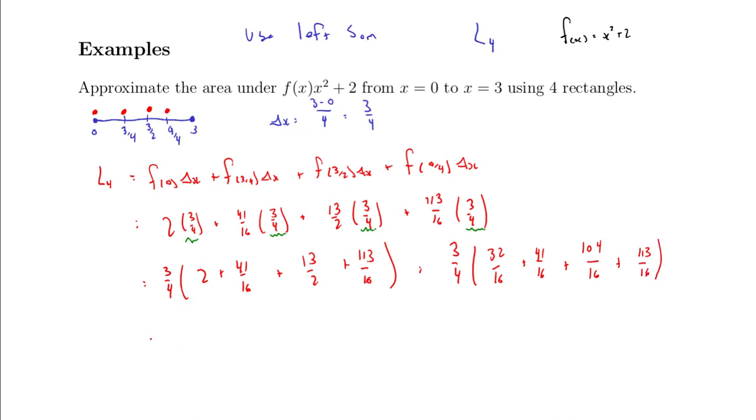We should be able to add this stuff up, and then hopefully multiplying by 3/4 won't be so bad. 32 plus 41 is 73. Plus 104 is 177. And so we are at 290 over 16. So this is 3/4 times 290/16. Let me just double check that really quickly. Yeah, I think that's right.